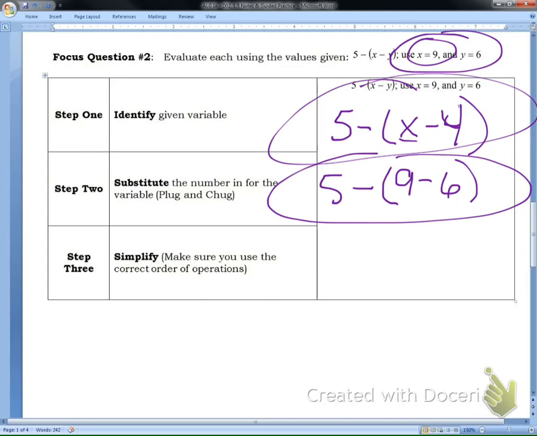So order of operations says I need to do what's in parentheses first, so I would write 5 and then do 9 minus 6 is 3. Think for a second. 5 minus 3 is then 2. And there's that numeric answer. Because they tell us to evaluate, we know we'll just get a number as our answer.